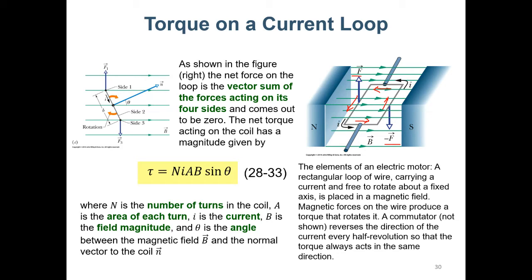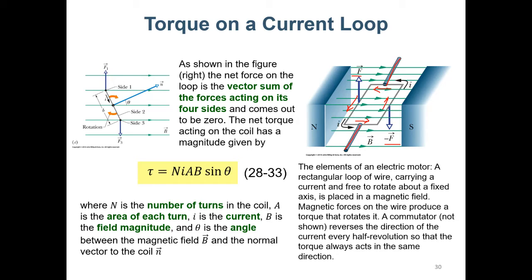So as long as we fix it here, we have something rotating. It will rotate clockwise. You have some force pushing this up and pushing this down, so it will try to rotate clockwise.